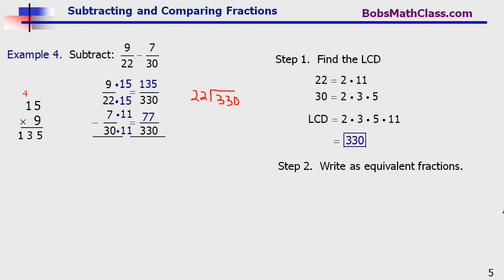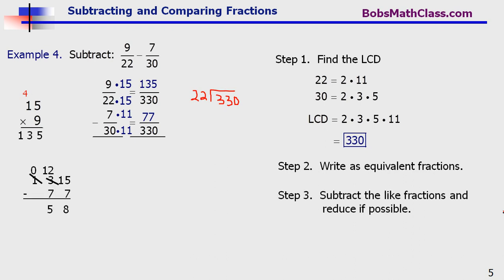Now we can subtract. And that will give us 58. Maybe I'm going too fast. Take your time, pause the video at any time, work out each little problem for yourself. So 58 over 330.